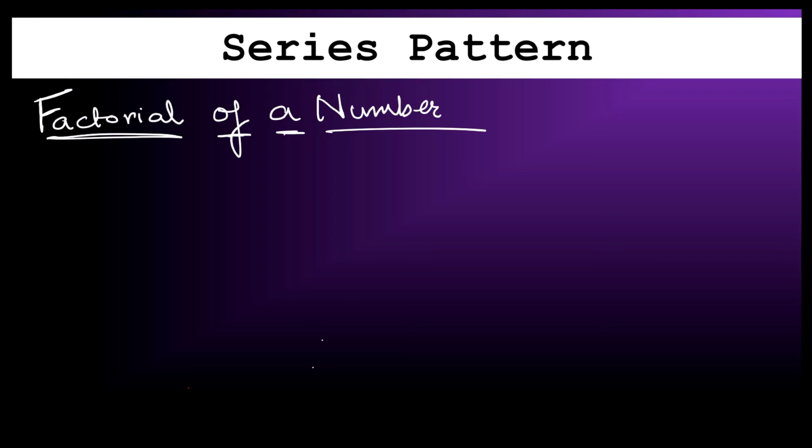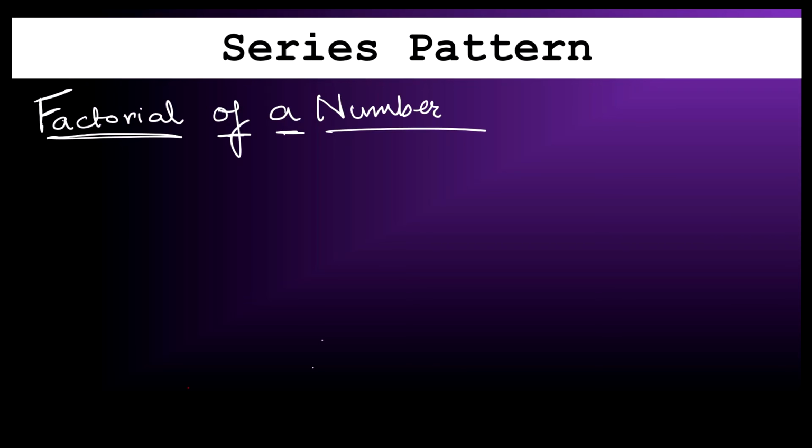Now factorial of a number is the product of that number with all the previous numbers down to 1. Okay, so if I have to find the factorial of say 8, how will I write that in mathematical terms?